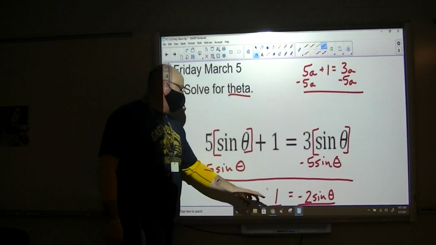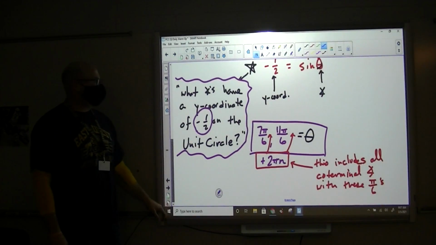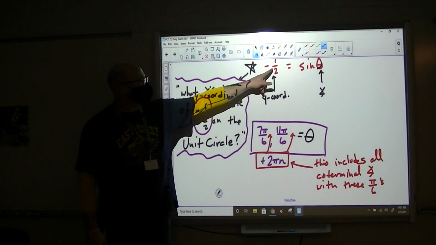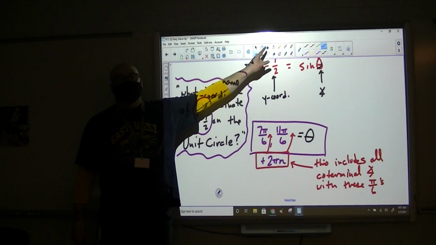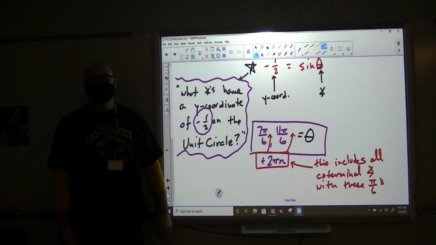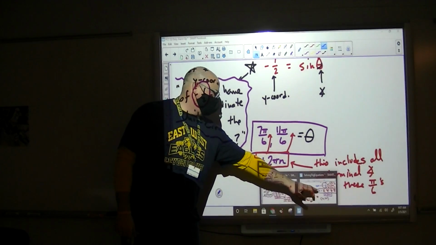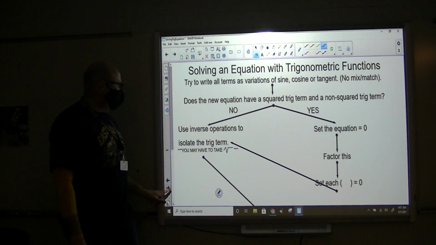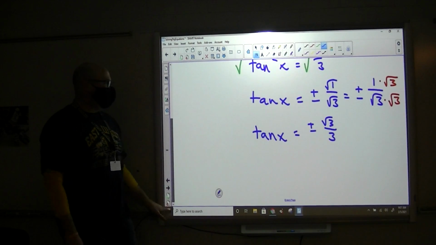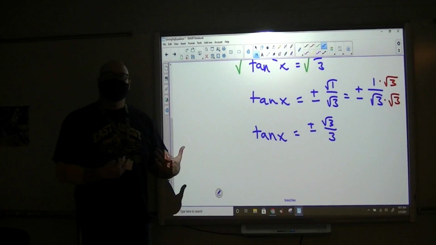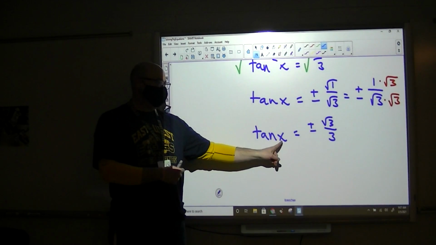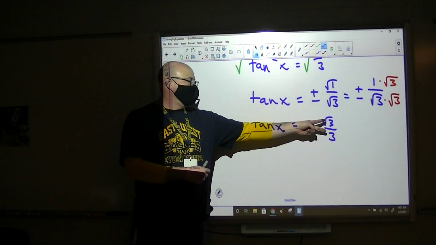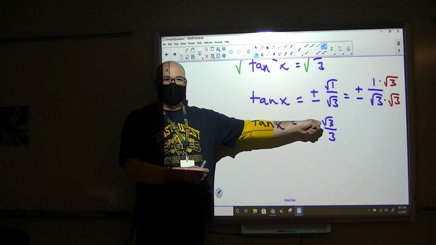Compare that to the opener, we were using a sine function. So we could say, okay, tell me the angles that have this y coordinate. When we do tangent, we're not looking for coordinates. We just got to know what types of angles have tangent values of radical 3 over 3.